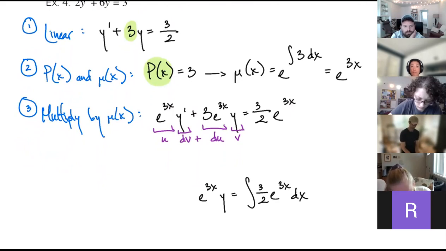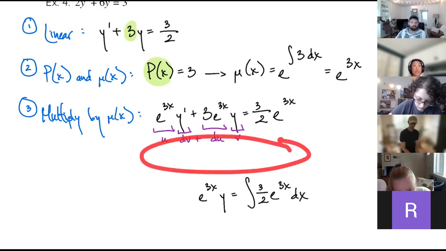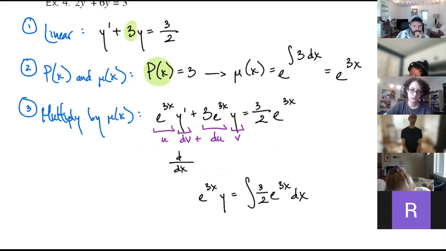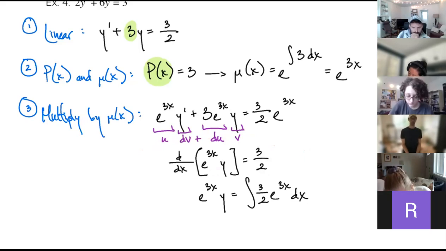I'm going to go back and fill in that step right now, but I don't think I necessarily wrote this middle step out in my answer keys. That's why I want us to know what happened in between. All that we're missing is that d dx of that product will equal the right-hand side.